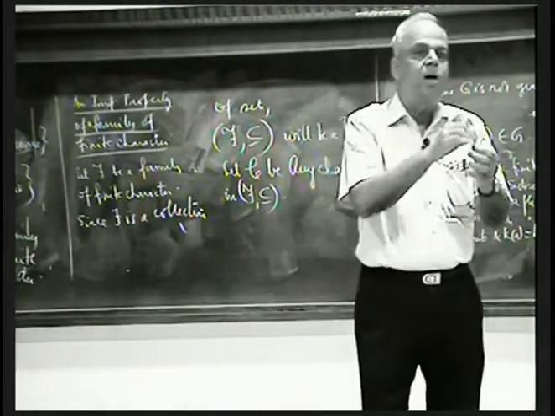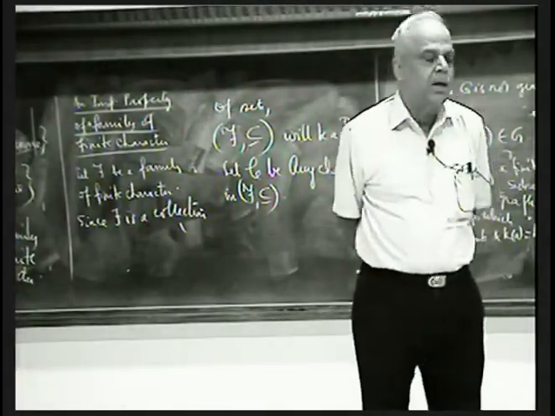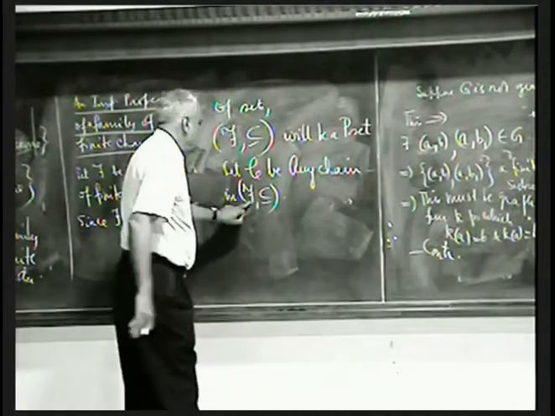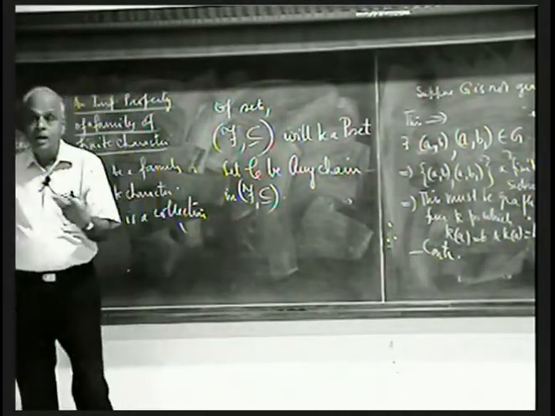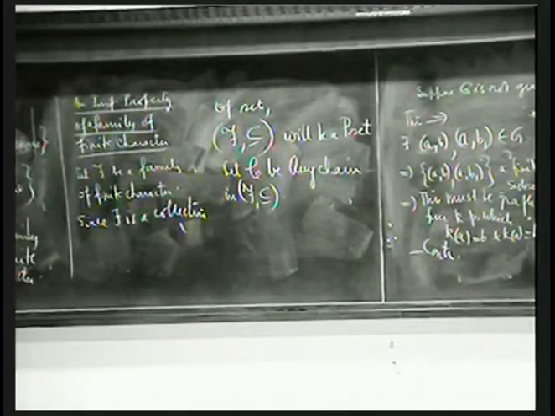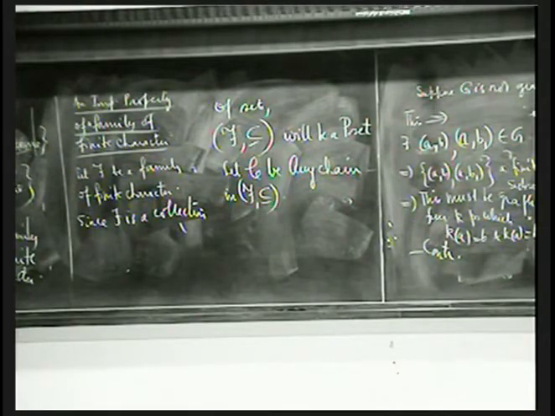It consists of elements of that partial order. What are the elements? They are all sets. Every element of F is a set. So they are all sets and it's a chain, so any two are comparable. That means given any two sets in that chain, either A is contained in B or B is contained in A.